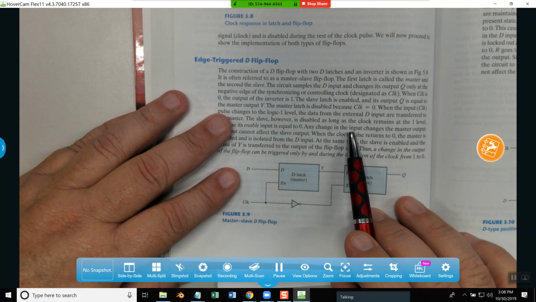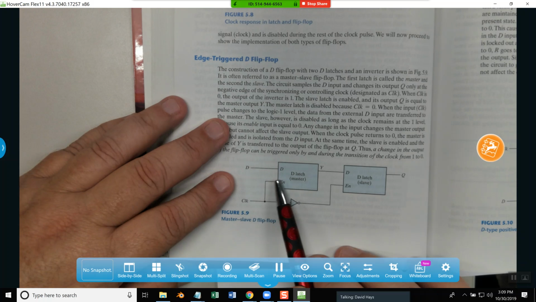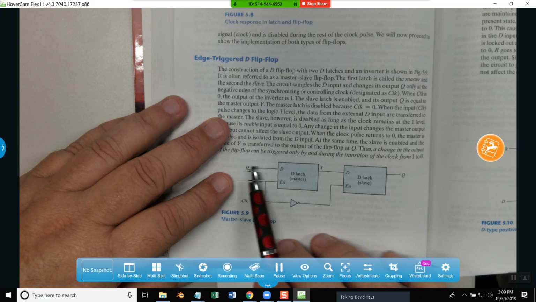The slave, however, is disabled as long as the clock remains at the 1 level because its enable input is equal to 0. That's what we were just talking about. Any change in the input changes the master output at Y, but cannot affect the slave output. So it changes this Y, but won't affect this.